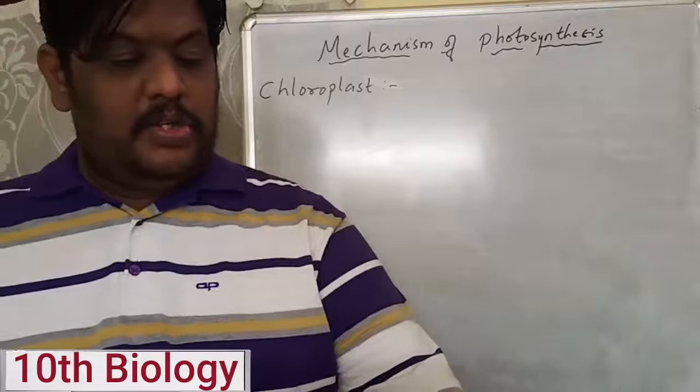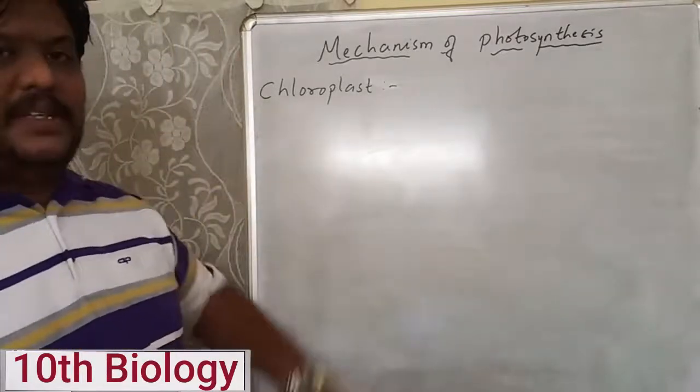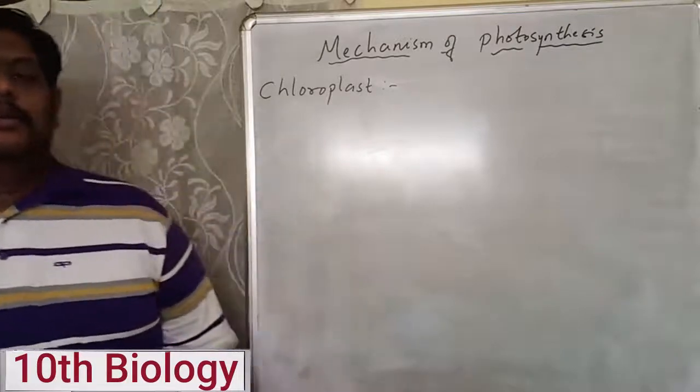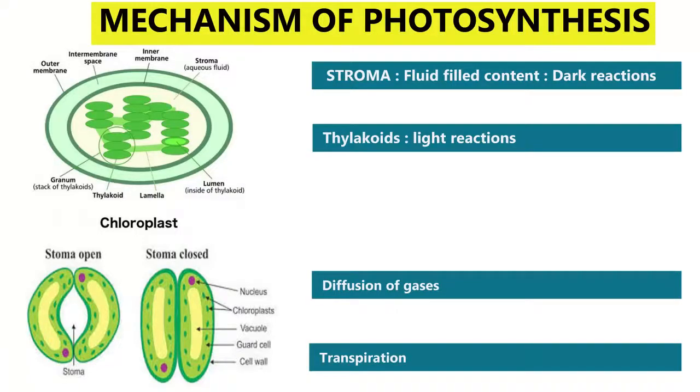Okay, children, so now we will see the chloroplast. You can see that there is an inner membrane, there is an outer membrane, and the white part which you can see inside is called the stroma.